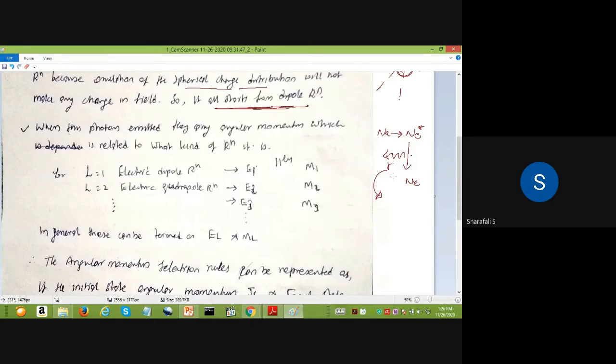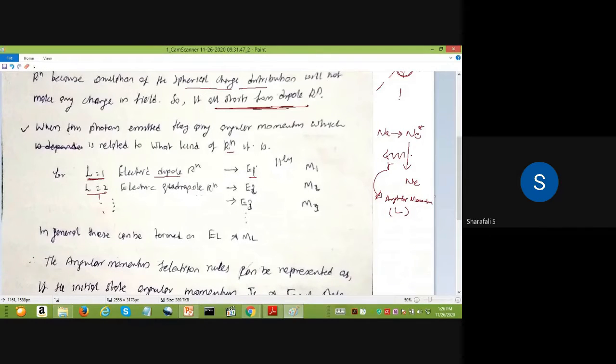And these photons will have some angular momentum. This is also associated with angular momentum, and that is represented by capital L. Okay. So if these radiations which are coming out, which are photons, have angular momentum L, for example, L equal to 1, L equal to 2, etc., then the corresponding radiation we can call electric dipole radiation of E1 type.